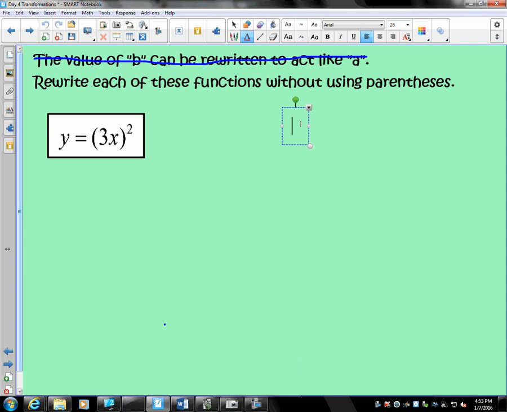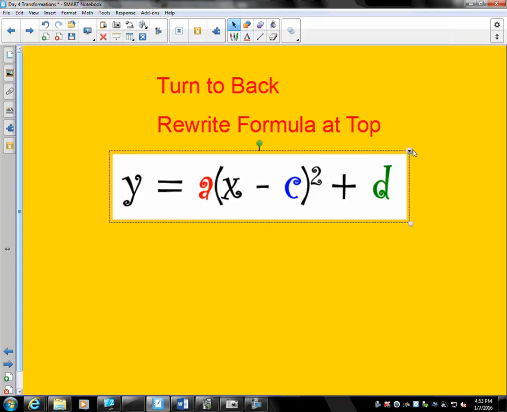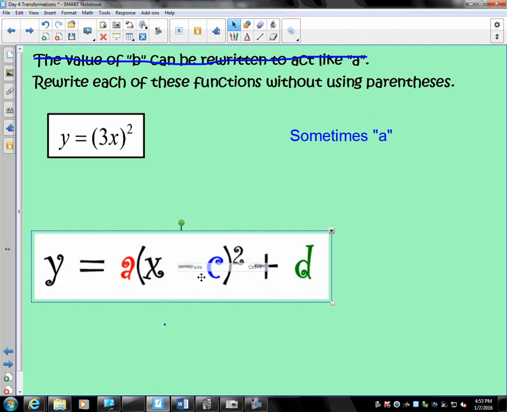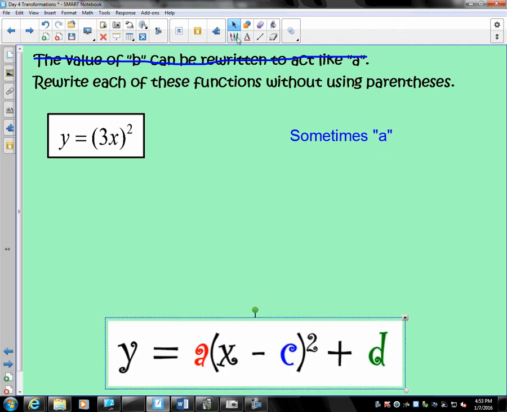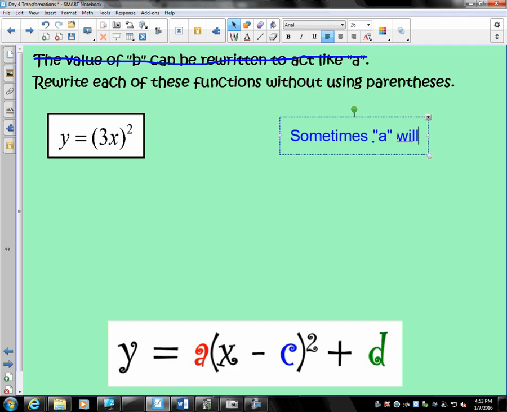Okay, write what I type. Sometimes A, our A value in our equation, sometimes A will hide.